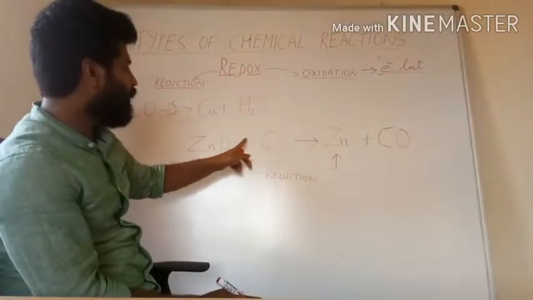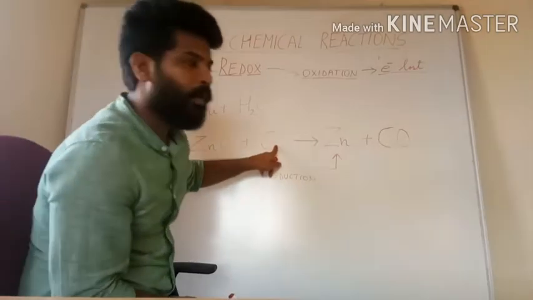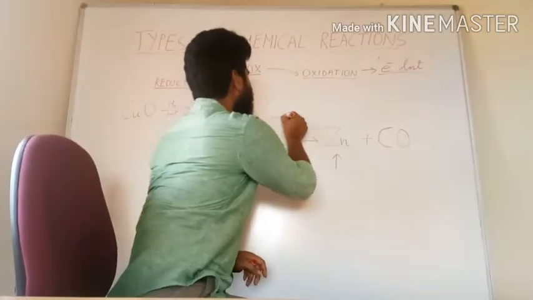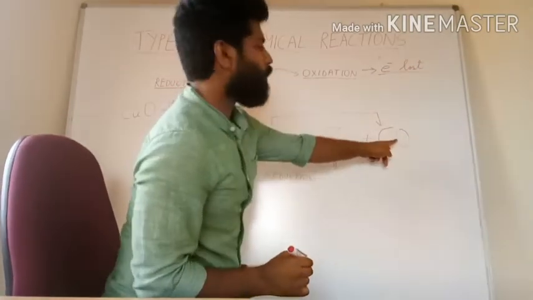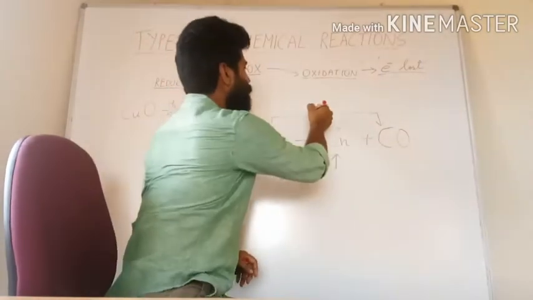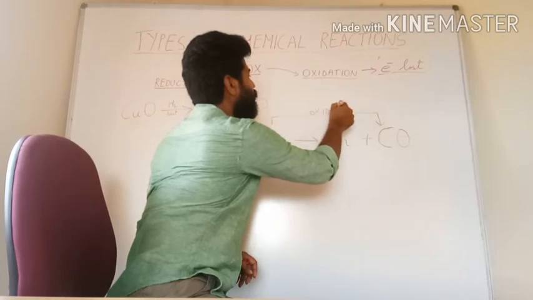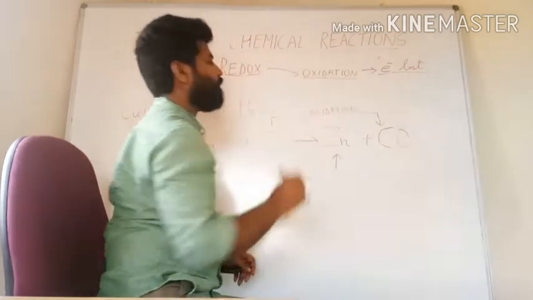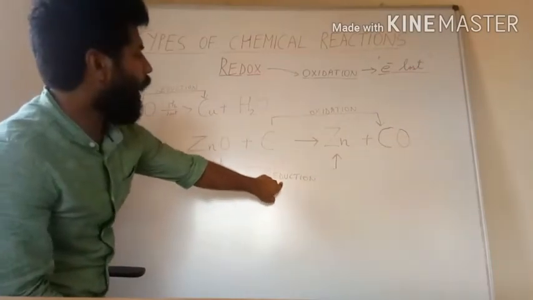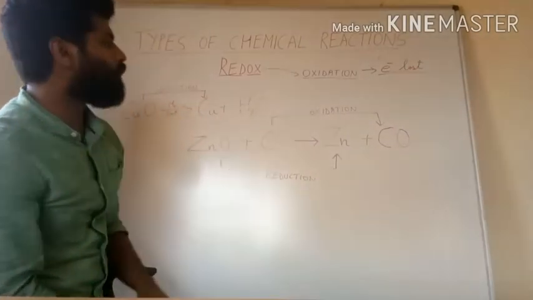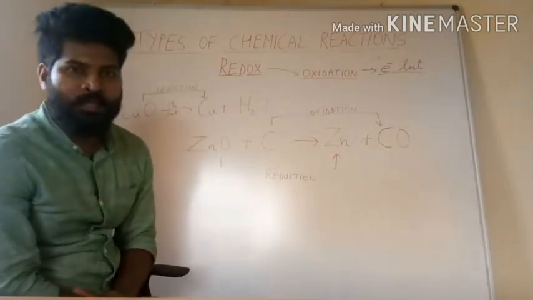Automatically we can see that the oxygen which was removed is added to carbon. So carbon is getting oxidized. Oxygen is added. Therefore, this particular portion is our oxidation reaction. So when both reduction and oxidation take place together, such reactions are called redox reactions.